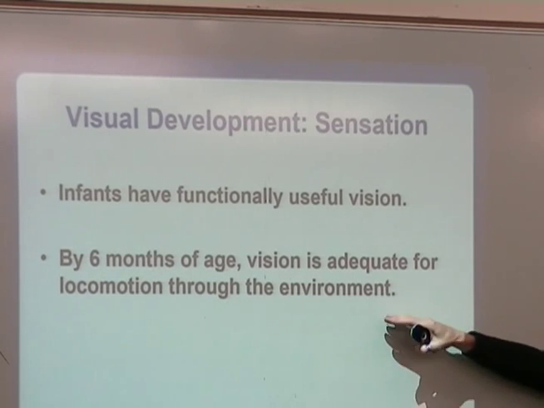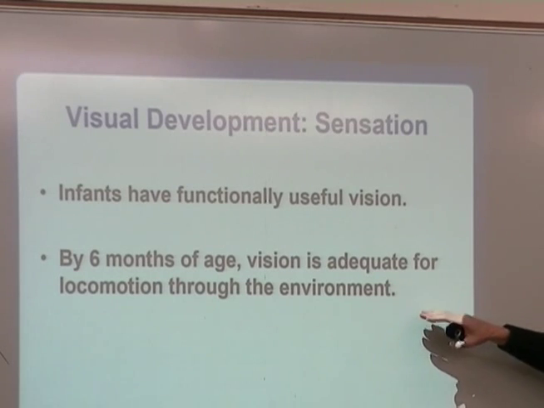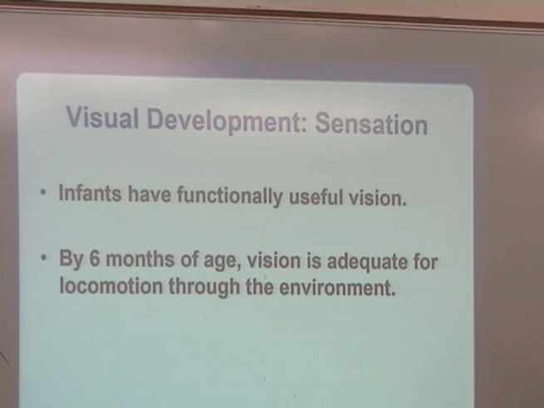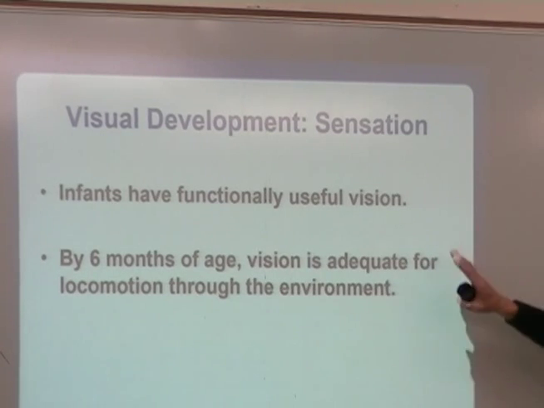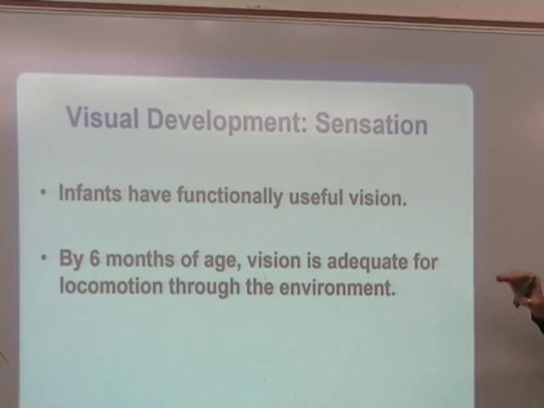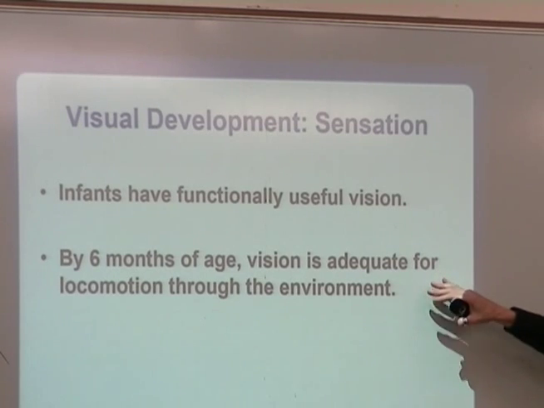So I don't see creeping until they can see well enough to maneuver around in the room. And if they have visual disabilities, then we see creeping later, because seeing things is one of the things that motivates a kid to start trying to creep. Okay.